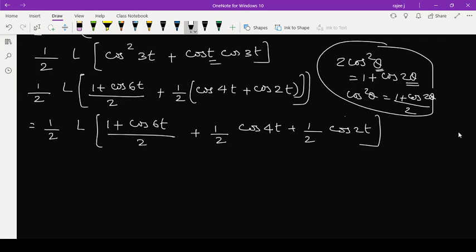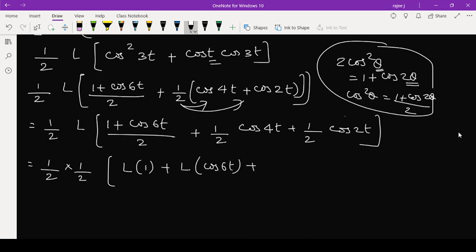This 1 by 2 I took inside, but you can do it without that too. Everywhere you can see 1 by 2 is common, so again 1 by 2 out, into L of 1 plus L of cos 6t plus L of cos 4t plus L of cos 2t.